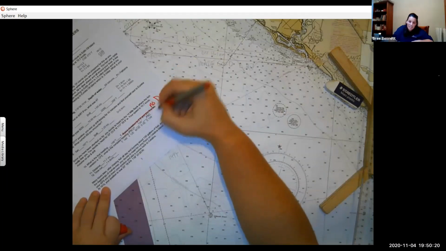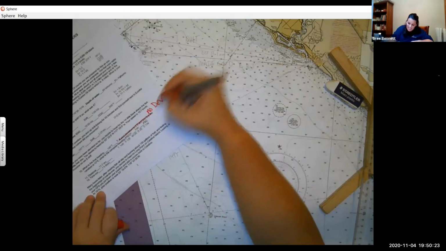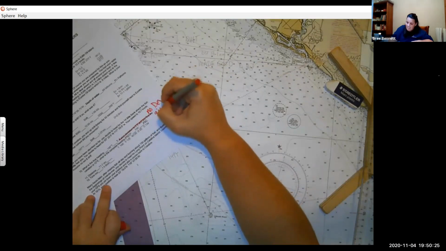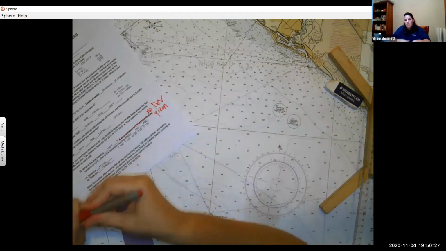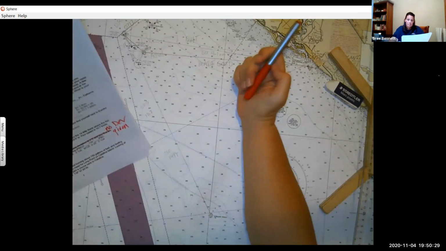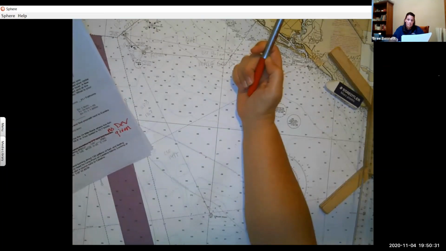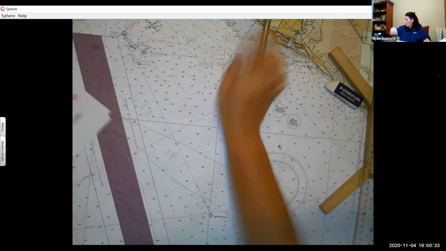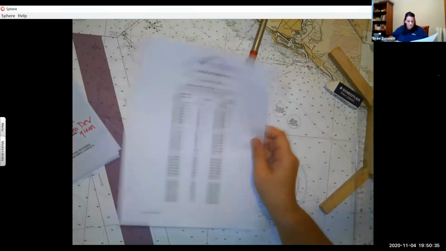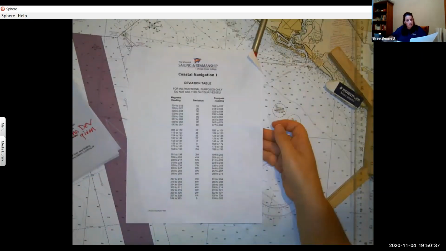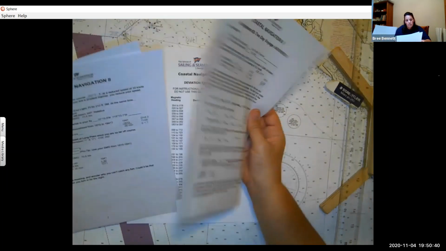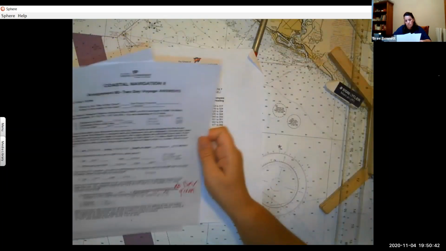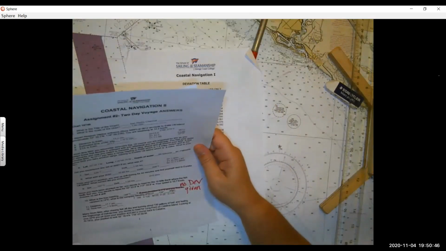This class needs a little editing. I don't know why they would do that, because we have our deviation table. Did it say at the beginning to use the deviation table? I guess it didn't, at least on my sheet.